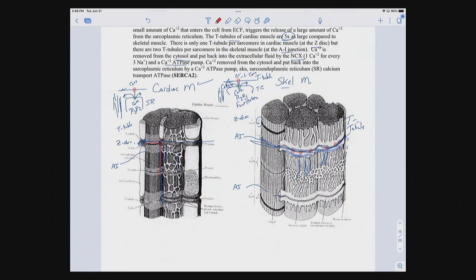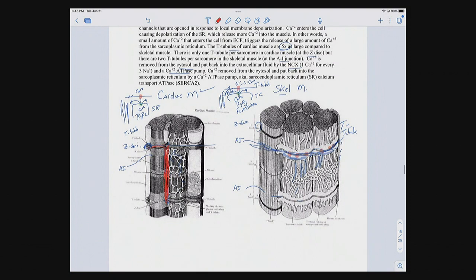The T-tubule will come in, and then they'll run longitudinally here, and that makes it a little more efficient in terms of the action potential wave going down the T-tubule and exposing itself to a greater part of the cardiac muscle tissue itself. So another difference, again, is the T-tubules both run latitudinally and longitudinally in the cardiac muscle, whereas the skeletal muscle is just kind of more lateral. So again, another difference there.